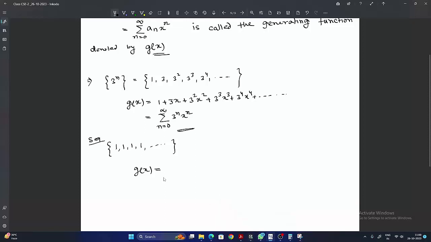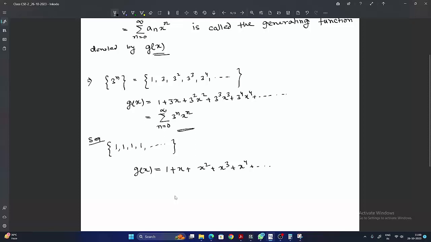Yes sir. So tell me, what is the generating function? 1 plus x plus x square plus x cube, and so on. Just put the value in the coefficient, nothing else: 1, then 1 into x, then 1 into x square, then 1 into x cube, since every term is 1, then x to the power 4. The coefficient of the series forms the sequence, and the sequence goes into the coefficient of the series.